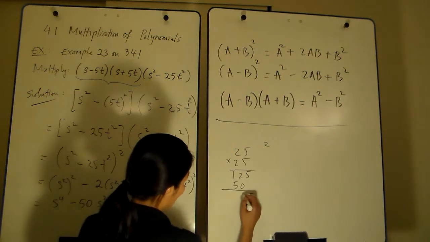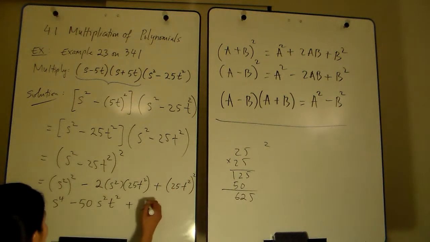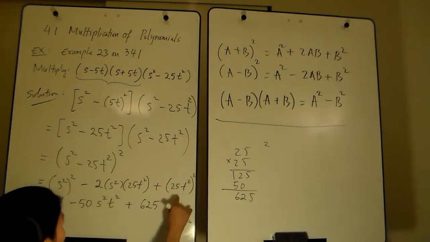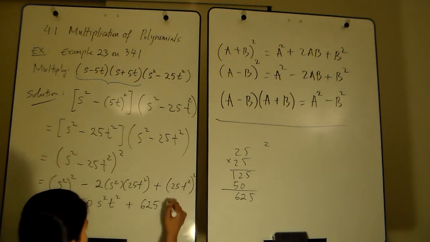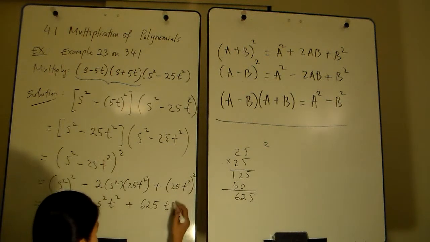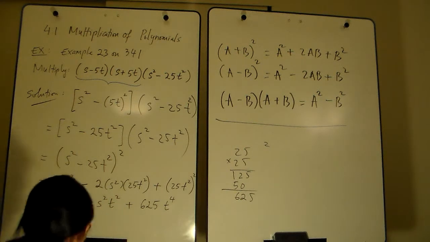Simplify, we get 625. So 625 comes from 25 squared. T squared, squared again, you have t to the 4th, 2 times 2 is 4. And I looked around to see if you can simplify any further. Looks like this is it.